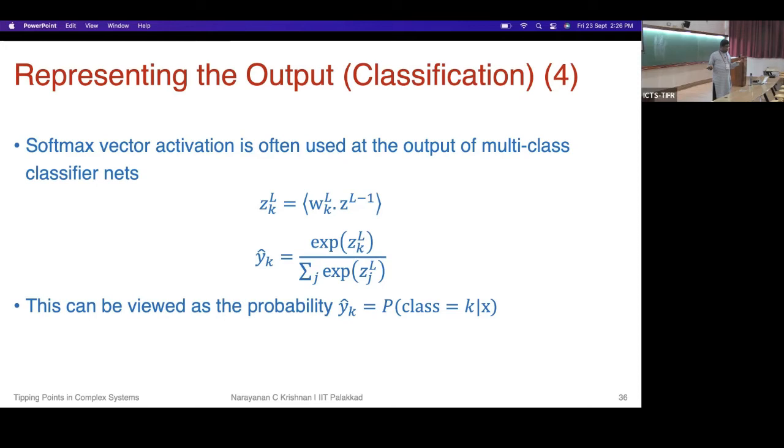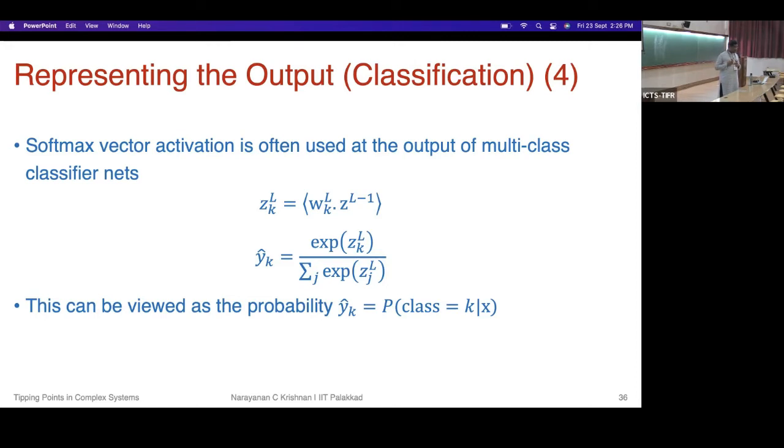All right. So this particular operation, which is a softmax vector activation, is what is used to convert this representation to a probabilistic vector. A vector between 0 and 1, the values between 0 and 1 and summing up to 1.